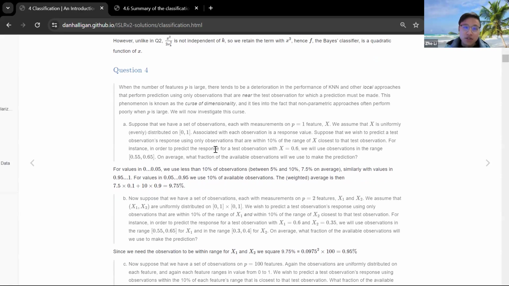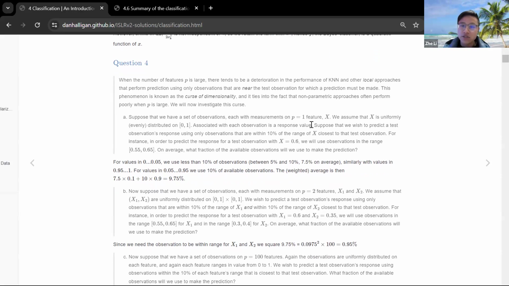First of all, suppose that we have a set of observations, each with a measurement on p equals 1, and we assume that X is uniformly distributed on 0 to 1, and associated with each observation is a response value. We wish to predict the test observation's response using only observations that are within 10% of the range.